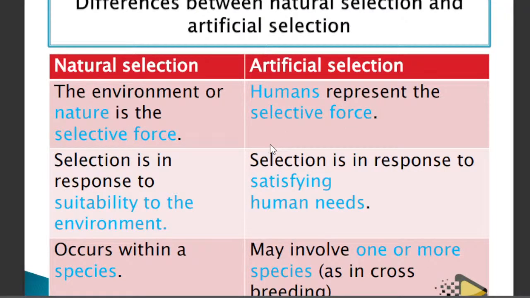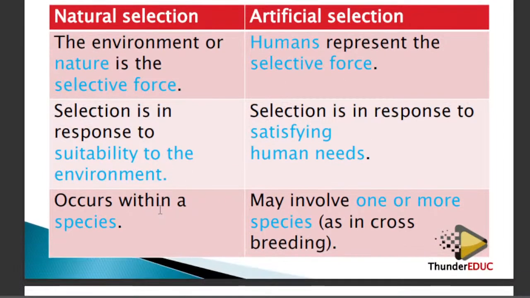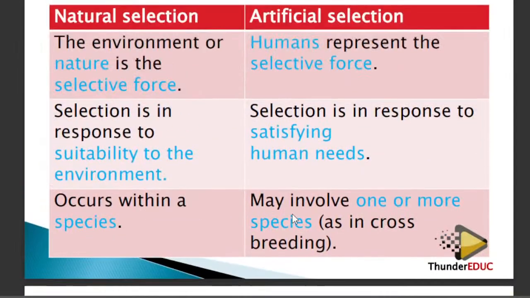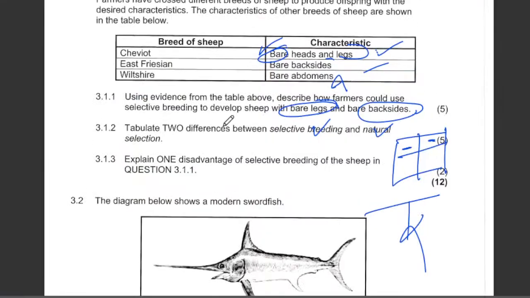Humans are the selective force. You understand? Yes. Selective breeding occurs within a specific species. Natural selection can occur in multiple species. Because you are just crossing, yes. So you only select what is best, what you think is good for you. So basically these are the differences you're supposed to write about.